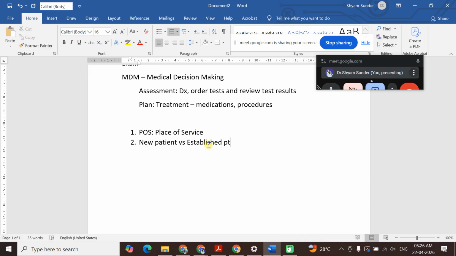Last year, the patient visited dermatologist A. This year, the patient is coming, dermatologist A is not available, and the patient is seeing dermatologist B. So this patient is an established patient because it need not be the same physician, but any physician within this specialty. Okay, sir. So this definition is applicable for the same specialty, could be any doctor, any provider.